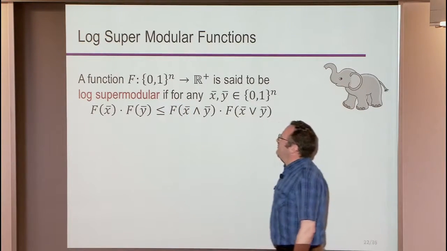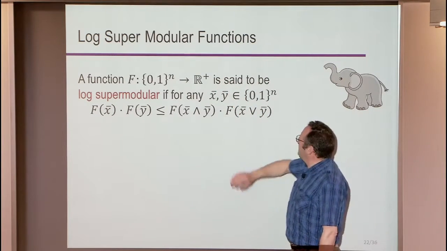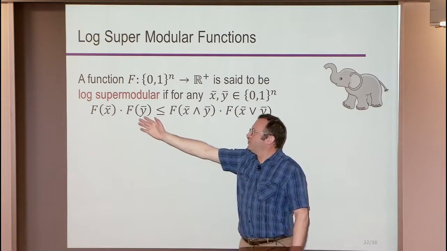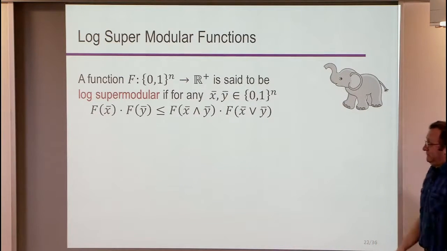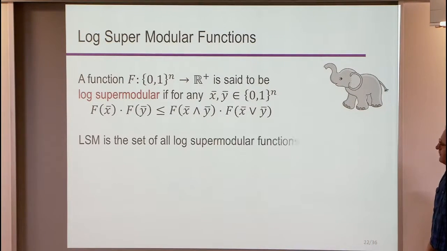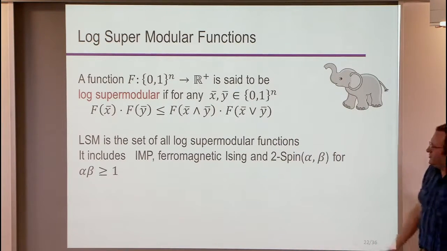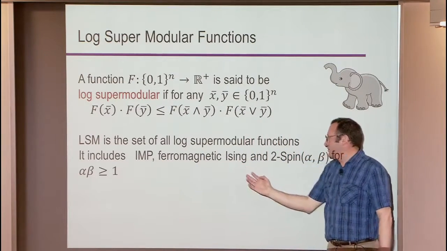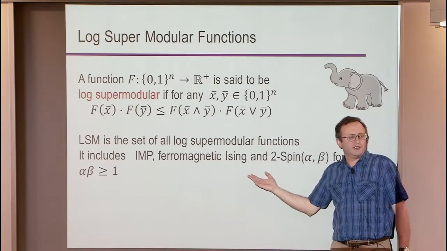So a binary function from {0,1}² to non-negative real numbers is said to be log supermodular if and only if for any x, y it satisfies this inequality. By LSM, I denote the set of all log supermodular functions. It includes, for instance, implication and the ferromagnetic Ising 2-spin with parameters alpha, beta where alpha beta is greater than 1.